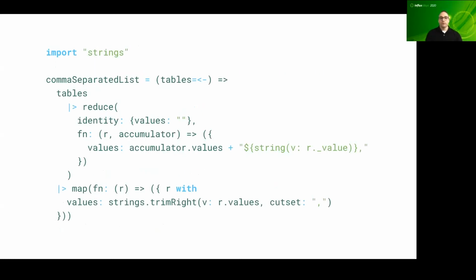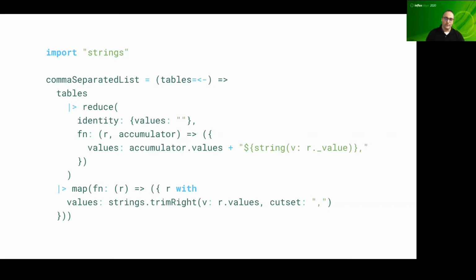Another thing you can do with reduce is manipulate strings. So in this case, let's say I want to create a comma-separated list of all the values in my value column. I can take my input tables, pipe forward them into a reduce transformation, and I'm using Flux string interpolation to take the existing value in the current row record, convert it to a string, and then add a comma on the end of it.